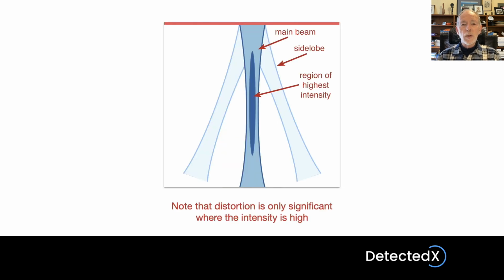This is useful because a distorted transmit pulse is going to give rise to distorted echoes. So if we have a way of producing an image that sees only the distorted echoes, then we know that we will be selectively looking at echoes coming from that core area that I've shaded dark blue.